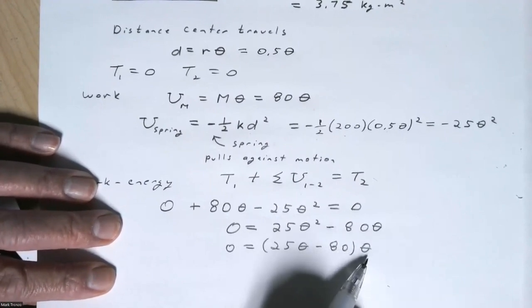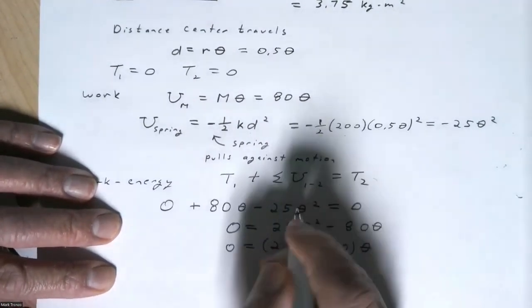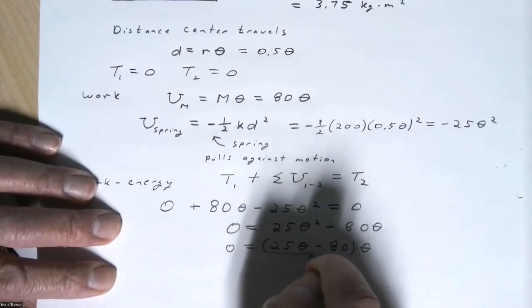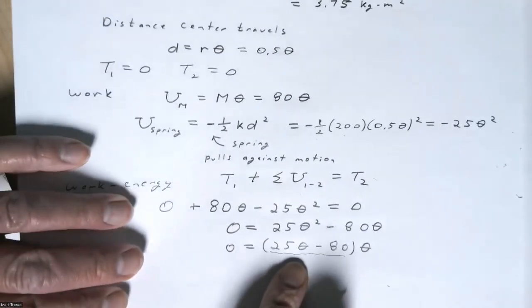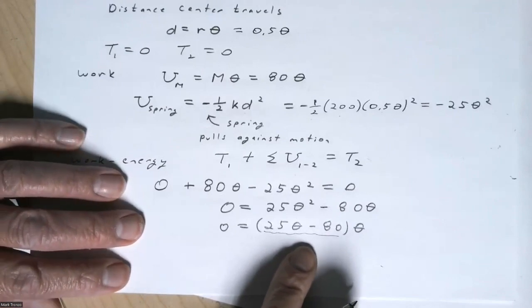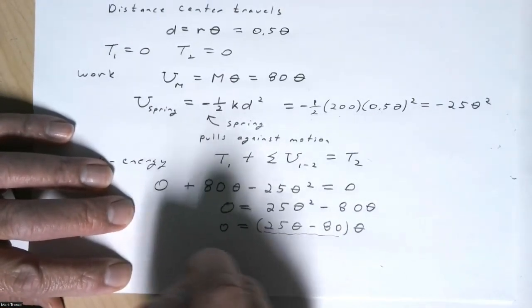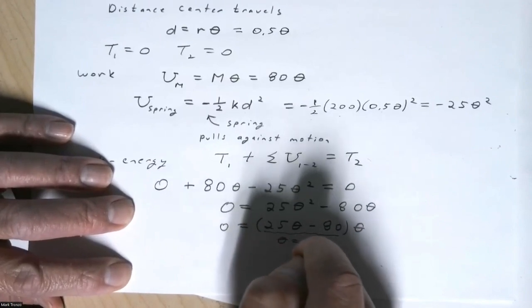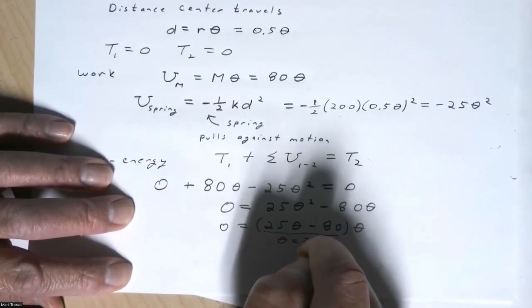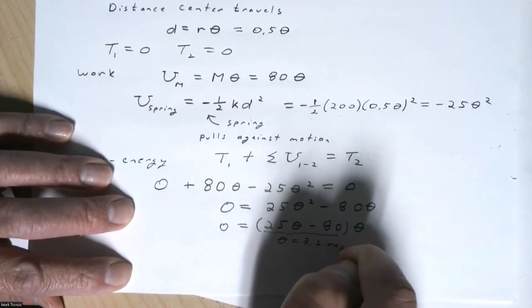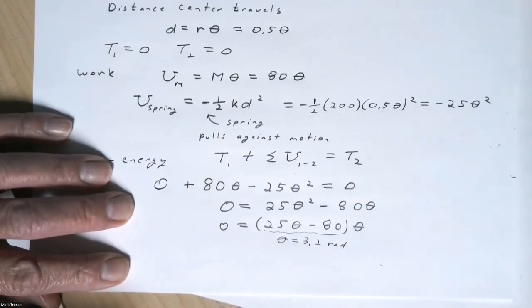That's a trivial solution. Now if we set this other factor equal to 0 and solve, we get theta equals 3.2 radians.